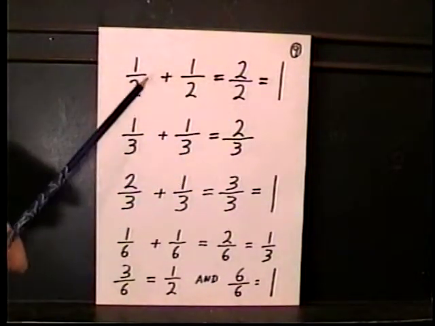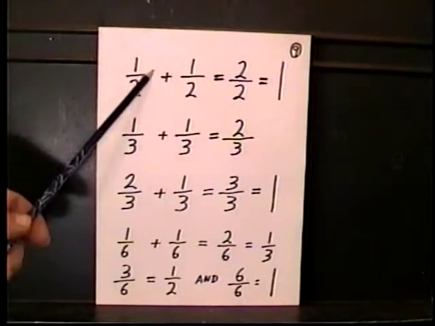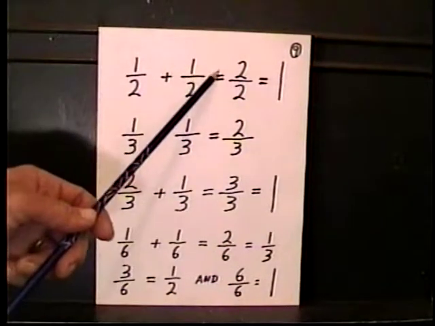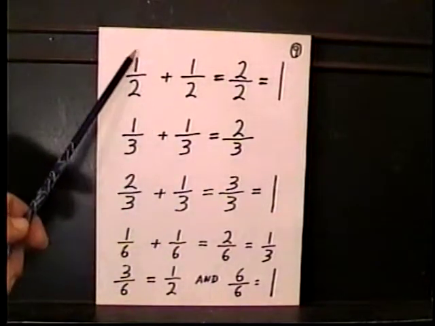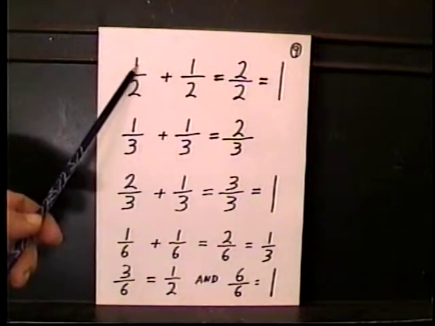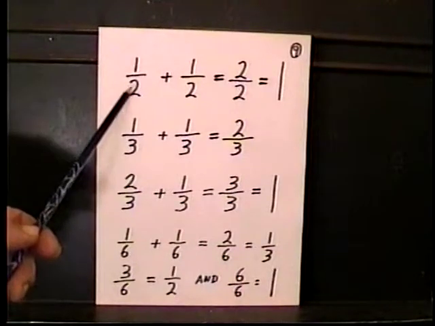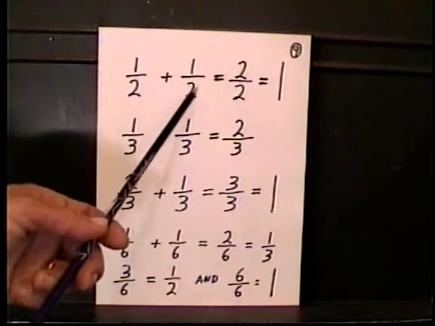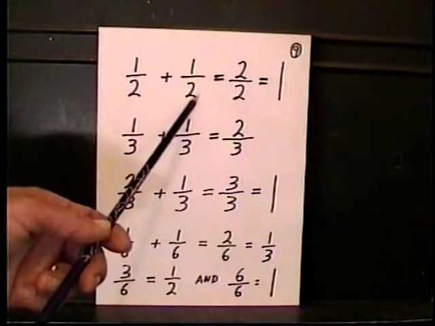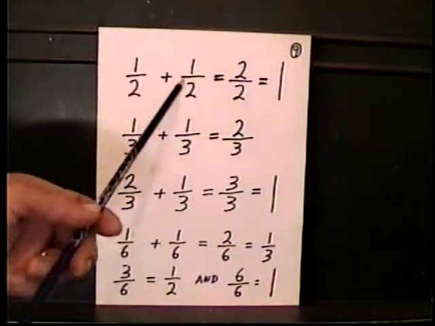We might try that. 1/2 plus 1/2 equals 2 halves. See, we have something here. We got a piece of something that has been cut up into 2 pieces. Well, we have the other piece of the same thing that has been cut into 2 pieces, and they're 2 equal pieces because that says it is.